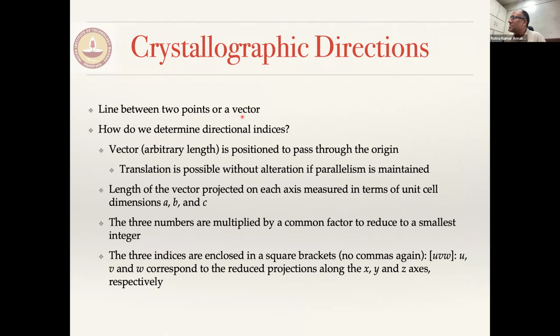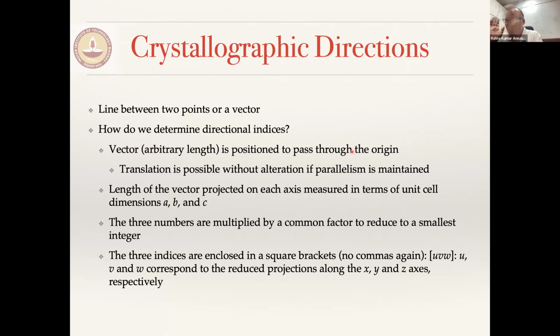Whenever you want to represent a vector, it should be positioned to pass through the origin. If the direction vector is not passing through the origin, you are allowed to translate the vector without rotating it, so that the vector's tail is at the origin.